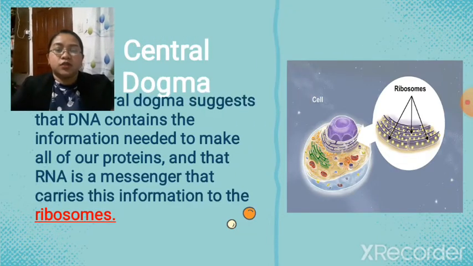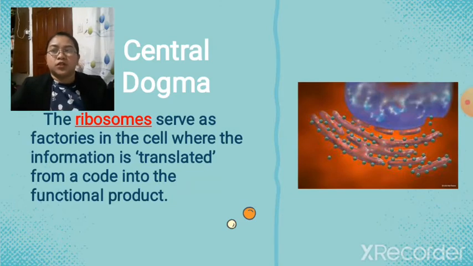The central dogma suggests that DNA contains the information needed to make all of our proteins, and that RNA is a messenger that carries this information to the ribosomes. Ribosomes are the small organelles found in our cells, responsible for assembling amino acids into proteins during protein synthesis.